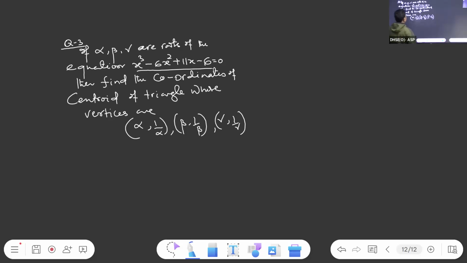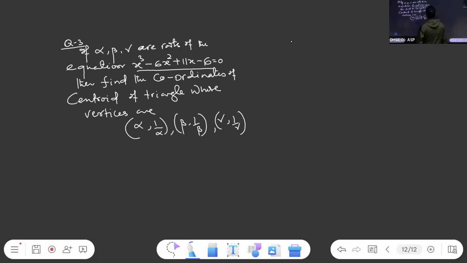What is the answer? Anybody? Rubalakshmi, I want the x coordinate in terms of number, not in terms of alpha, beta, gamma. 2, 2 by 3.